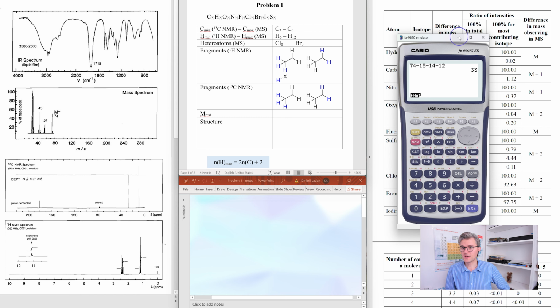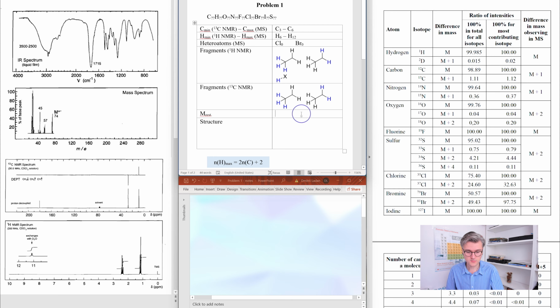So there are not that many things which can be at 33, but we mentioned that we may have oxygen because of this very broad singlet in proton NMR. And 33 actually corresponds to 2 oxygens and 1 proton. So we say that it's 33, it's 2 oxygens, and it's 1 proton.